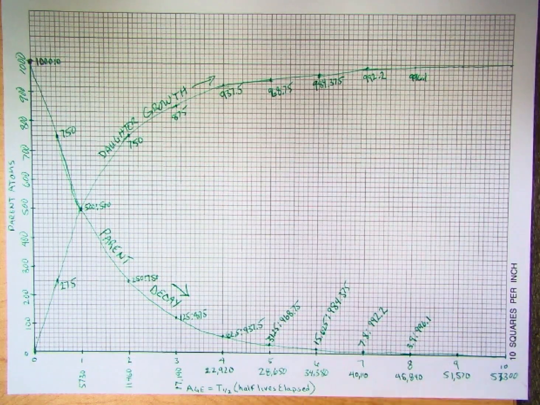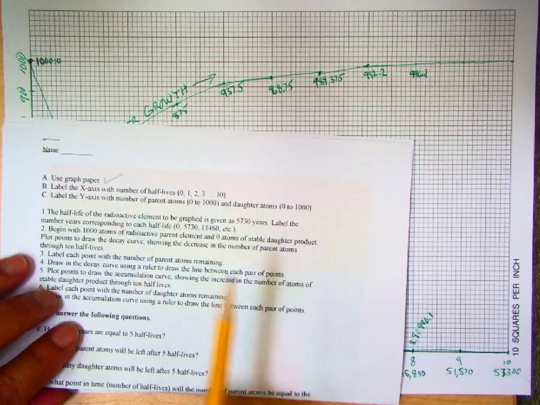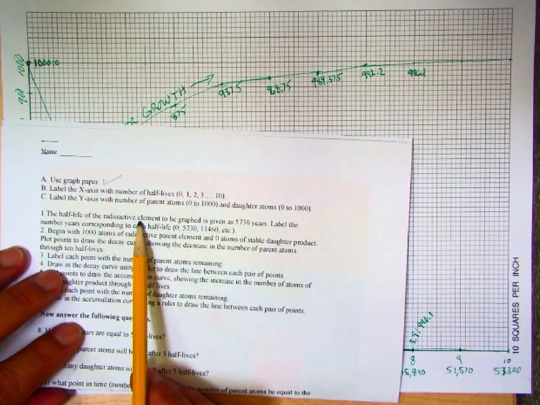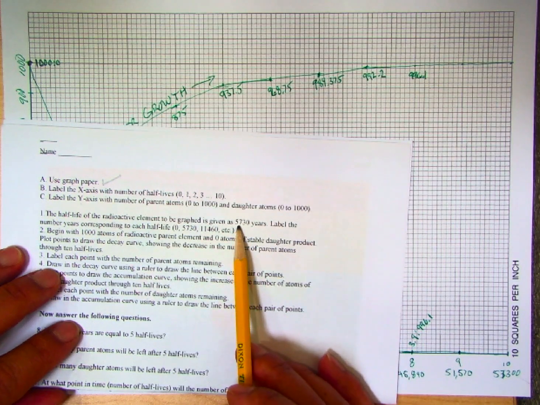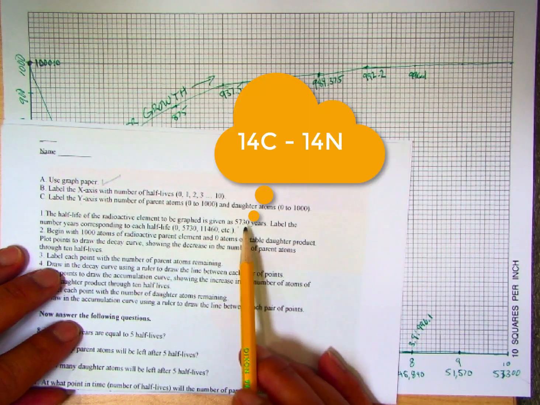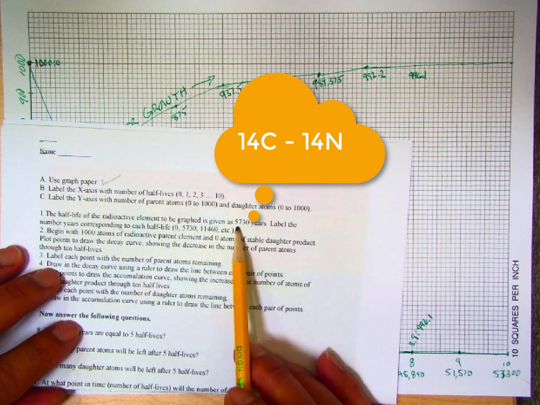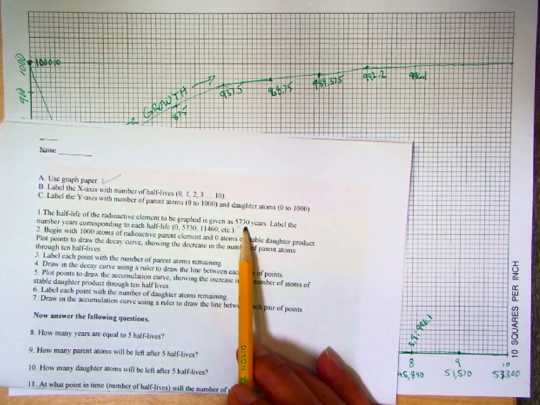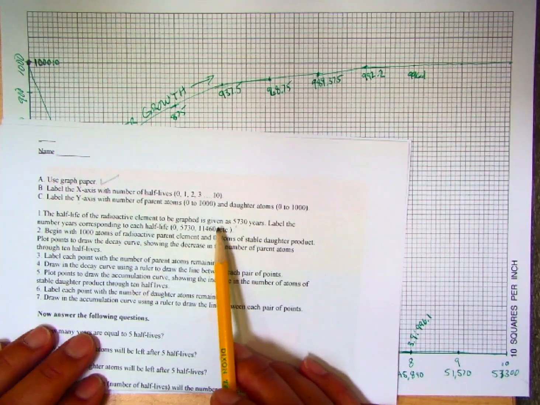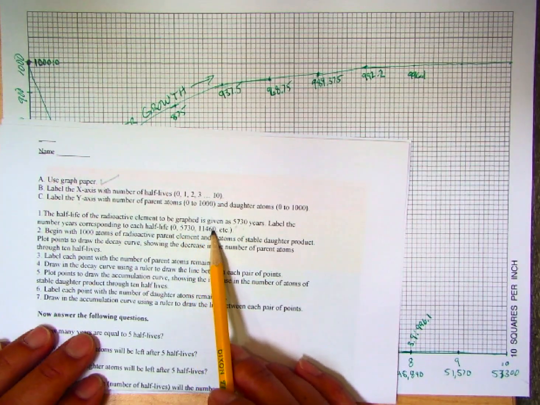The next thing it's asking you is that the half-life of the element we're going to plot is for carbon-14, because carbon-14 decays into nitrogen-14 in 5730 years. So every 5730 years, 1 half-life elapses, right? And in this case, we're going to put those numbers on the half-lives. I've already done that over here.